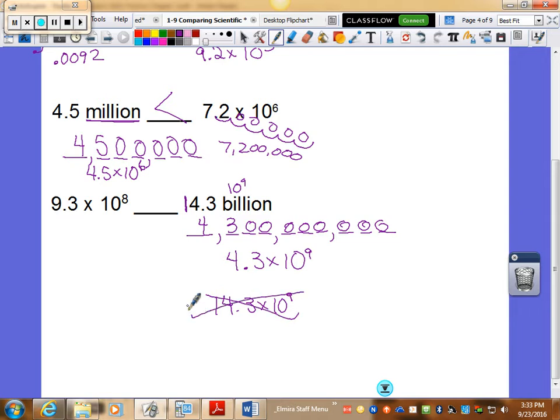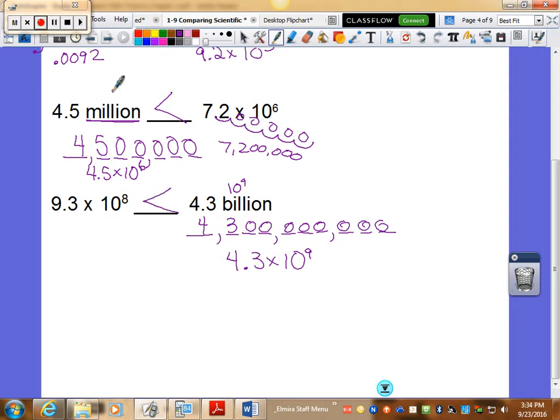So I don't advocate automatically putting 10 to the 9th for billions or 10 to the 6th for millions, because if this was 14 billion, we'd have to move the decimal over to make correct scientific notation. So I can see that this is going to be to the 9th power, this is to the 8th power, that's bigger.